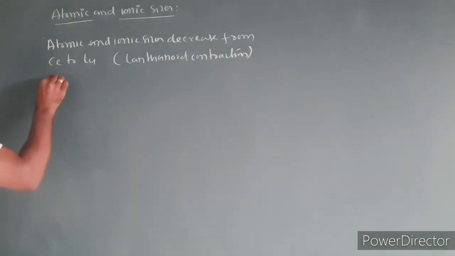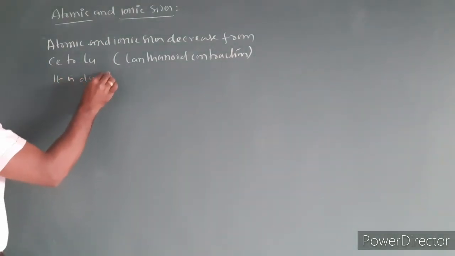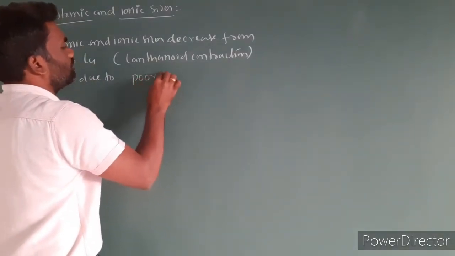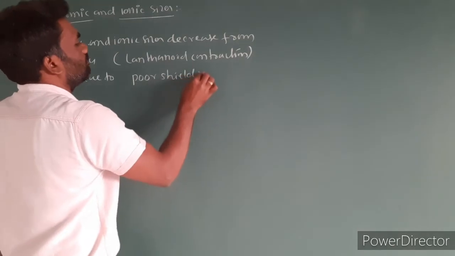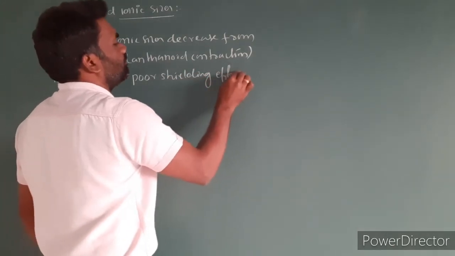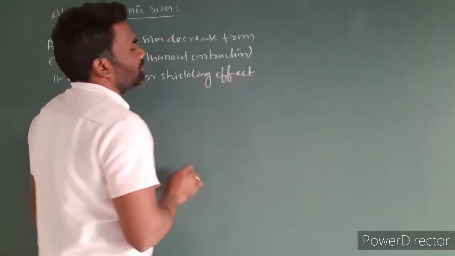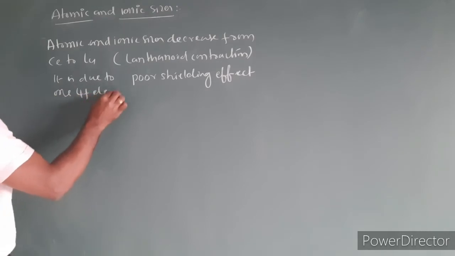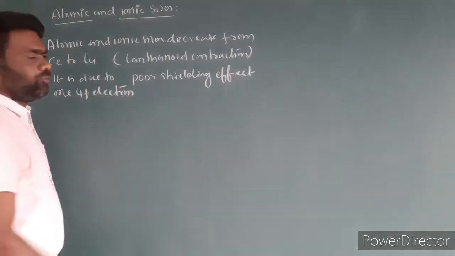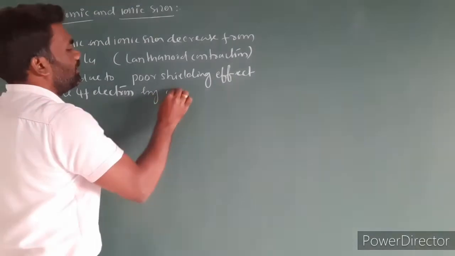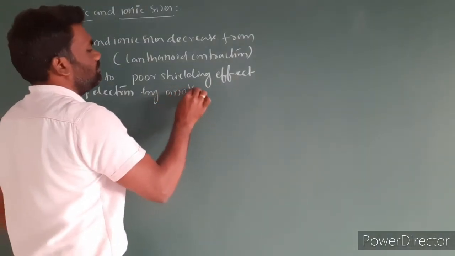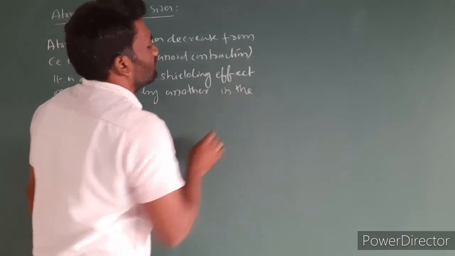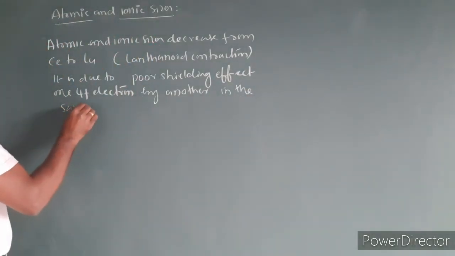Lanthanide contraction is due to the poor shielding effect of one 4f electron by another in the same subshell.